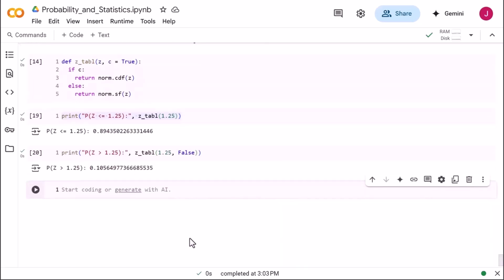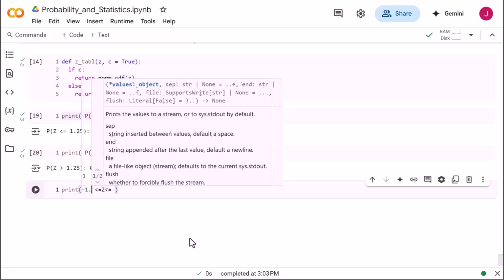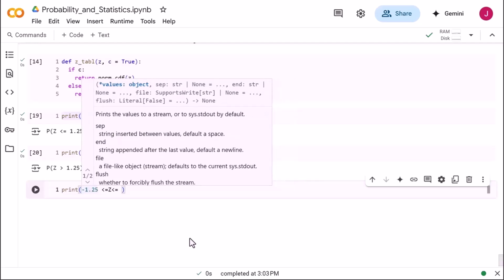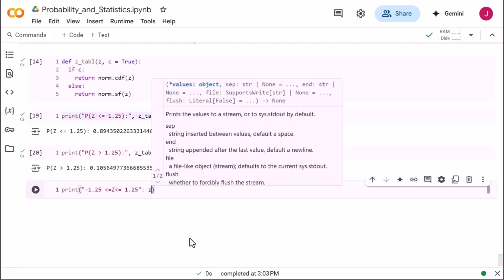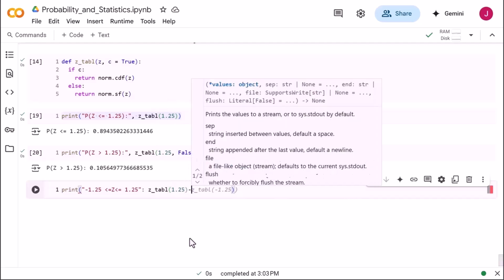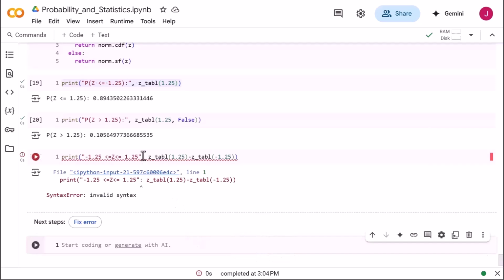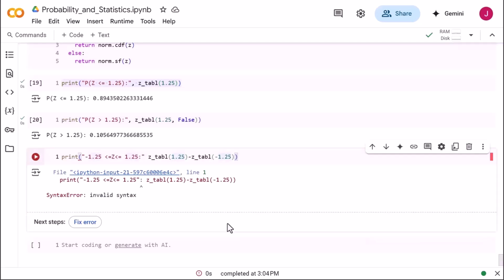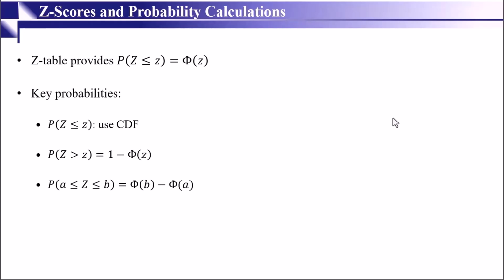And for between, right, if I want to go for print z between minus 1.25 up to 1.25, this equals z_table of 1.25 minus z_table of minus 1.25, based on that equation that we have, 0.788.